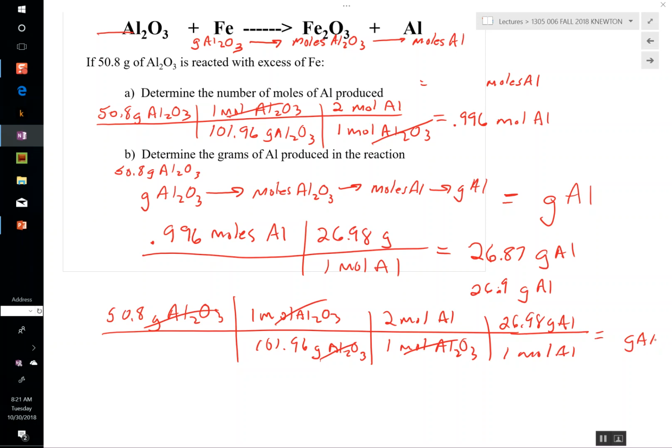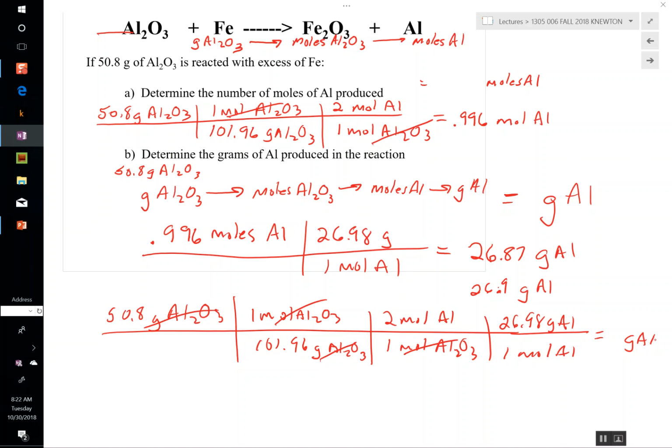I recovered every single little bit of aluminum that was produced. None of it got lost anywhere. That's the absolute most aluminum you can get out of this reaction. That's theoretical yield.